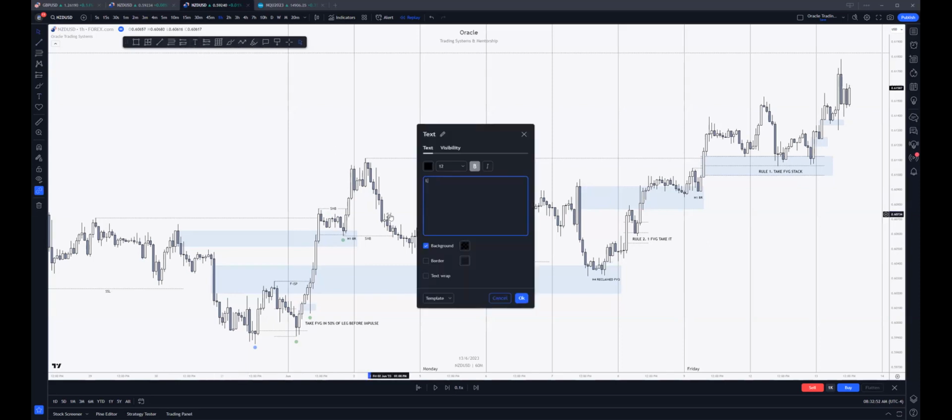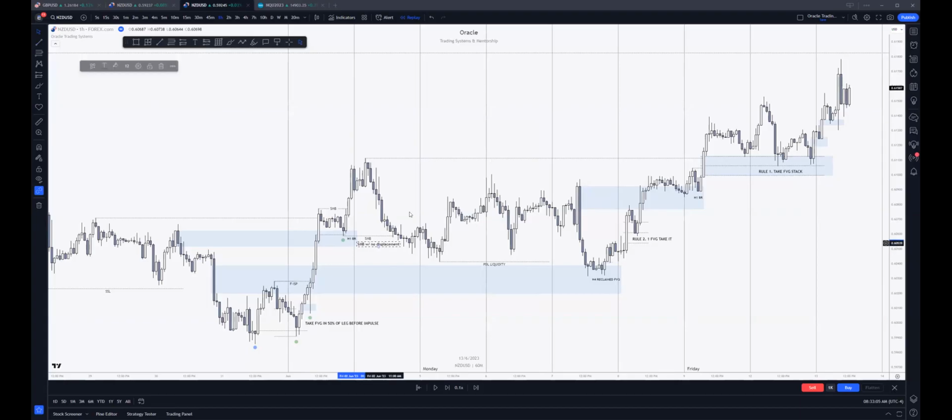Leg causes no SMB caused with no displacements, right? If there's no displacement, then we're not so interested in taking shorts, right? Taking shorts is probably a stupid idea. Instead, we're better off waiting here for the long bias to come in because we have impulse from here to here, right?